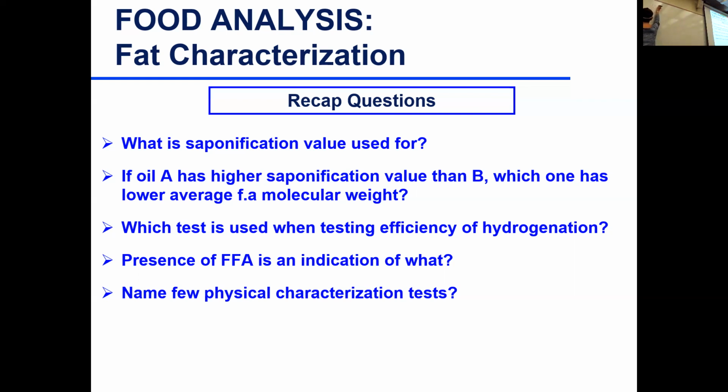We have 1 mole of triglycerides reacting with 3 moles of KOH. And the saponification value is milligrams of KOH that saponifies 1 gram of fat. Okay, and we know that molecular weight is grams per mole.